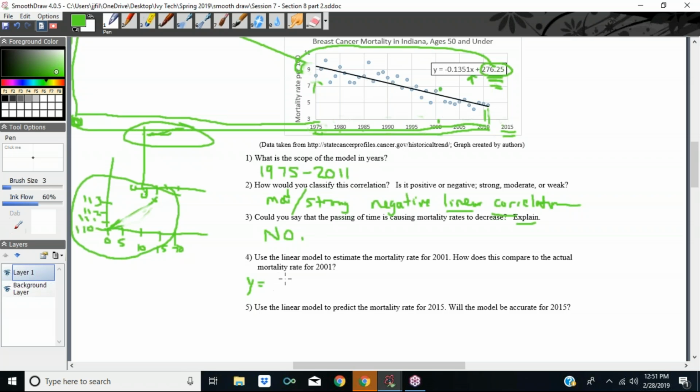So we have to put the actual year in, negative 0.1351 times 2001 plus 276.25. And when you get your answer, just check and see if it makes sense. If it doesn't make sense with your graph, then you know something's wrong.